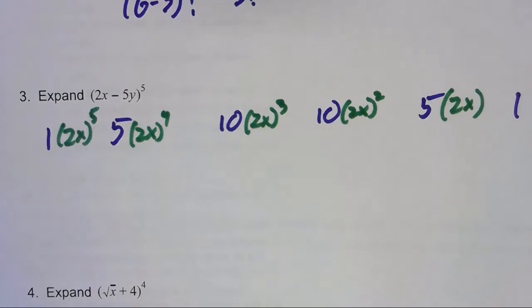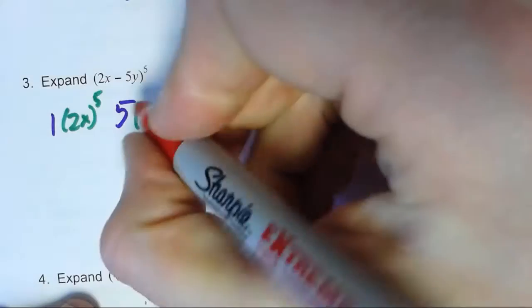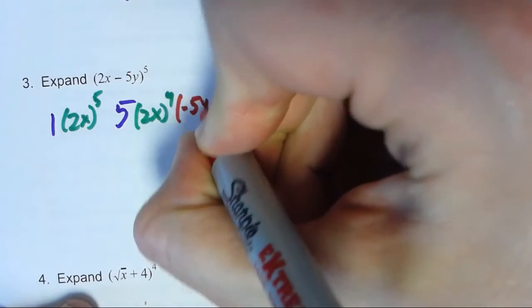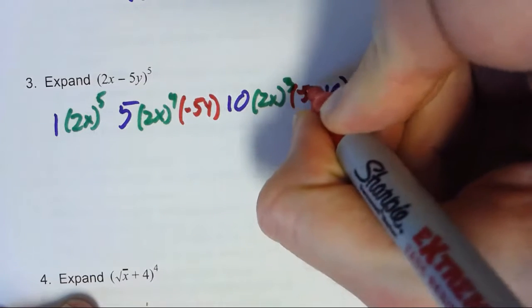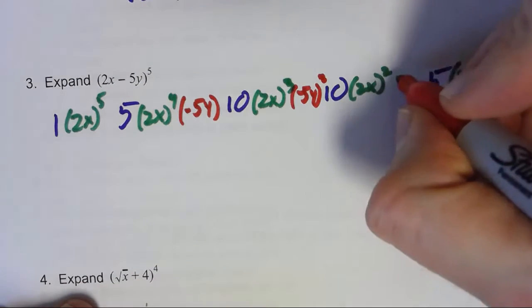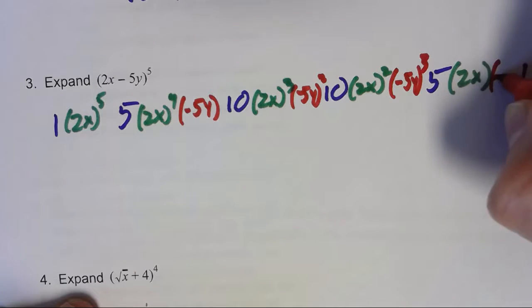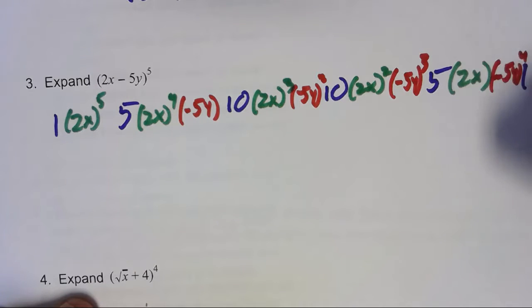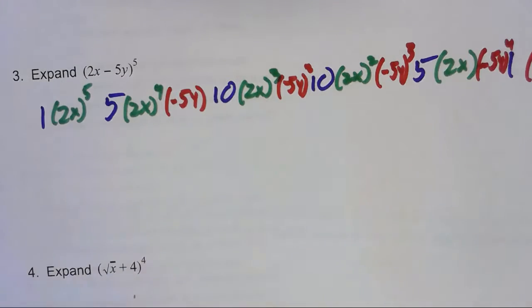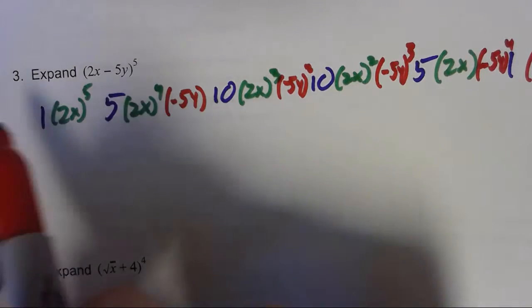And then we have minus 5y, minus 5y squared, minus 5y cubed, minus 5y to the 4th, and then minus 5y to the 5th.